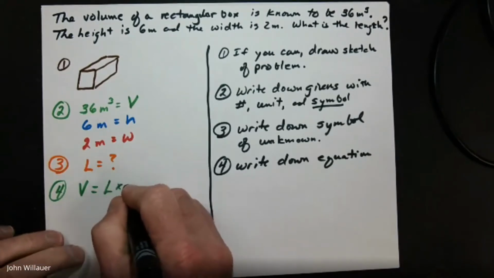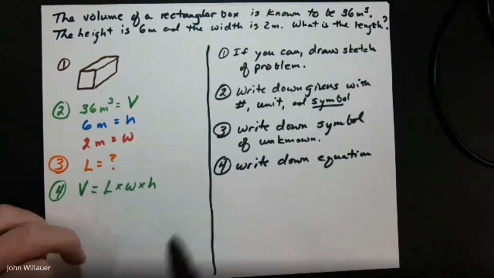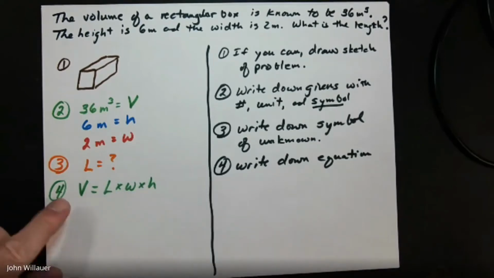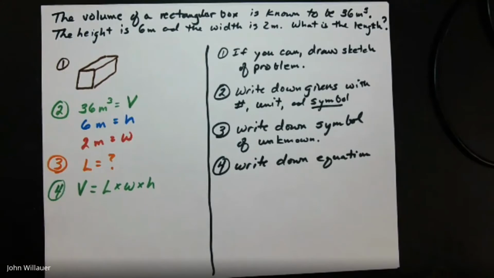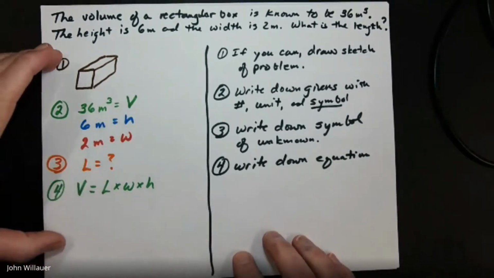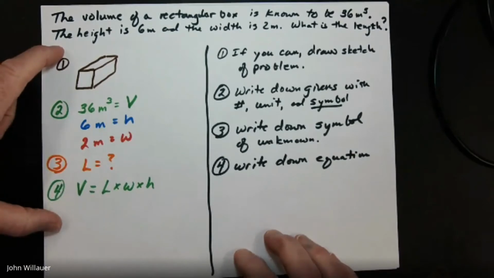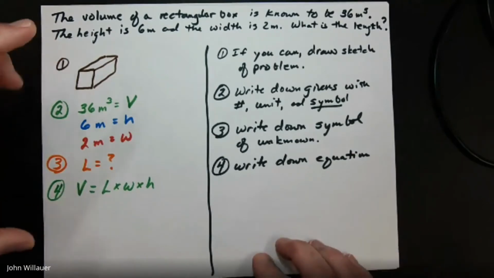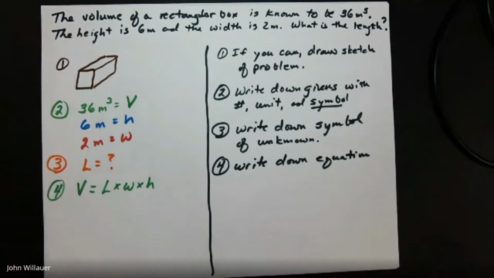Length times width times height. So we always want to make sure we're writing down the relationship that we're using. A lot of students will try to cut corners here, but when we're asking you to do a problem, once you get in the habit of doing this, which we're going to require, life's going to get so much easier for you on these types of problems.